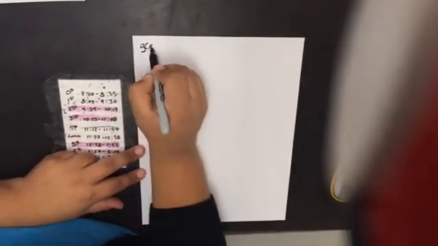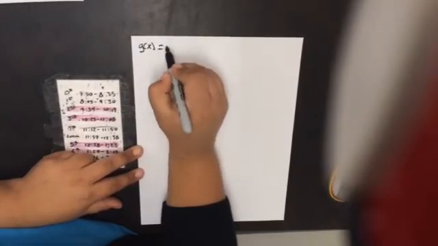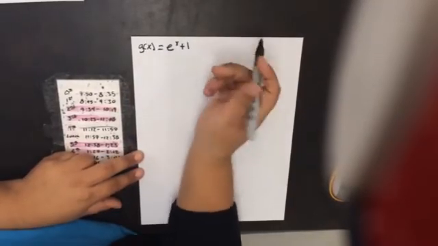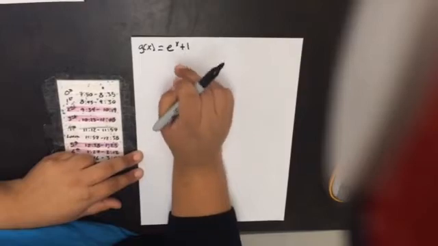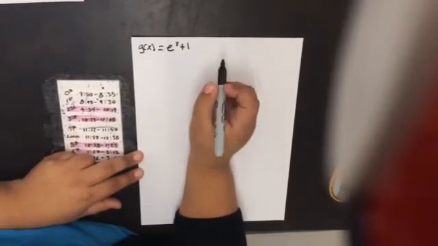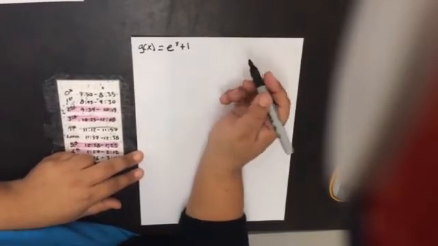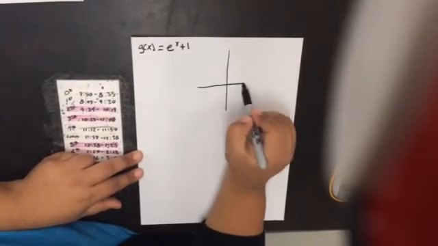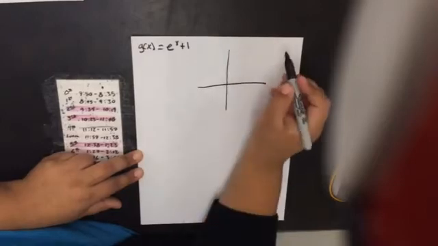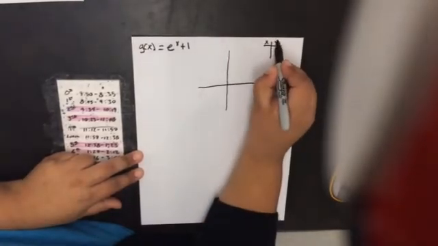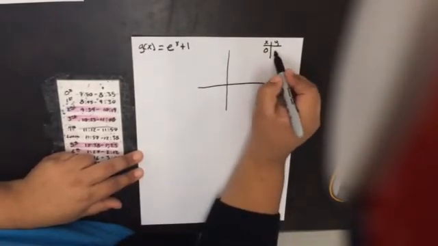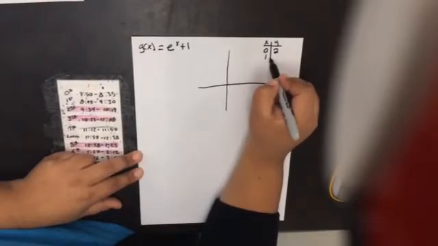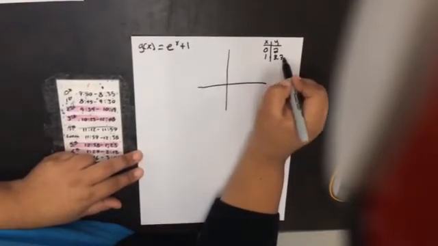Let's do another example. If we have g of x equals e to the x plus 1, well, this is just the parent function f of x equals e to the x, shifted one unit up. So when x is 0, your y is 2, and when x is 1, your y is 3.7.